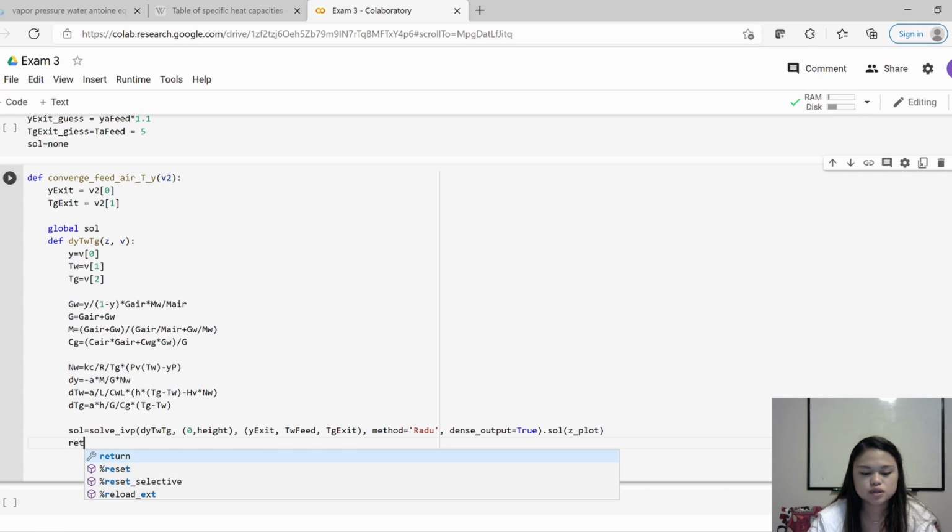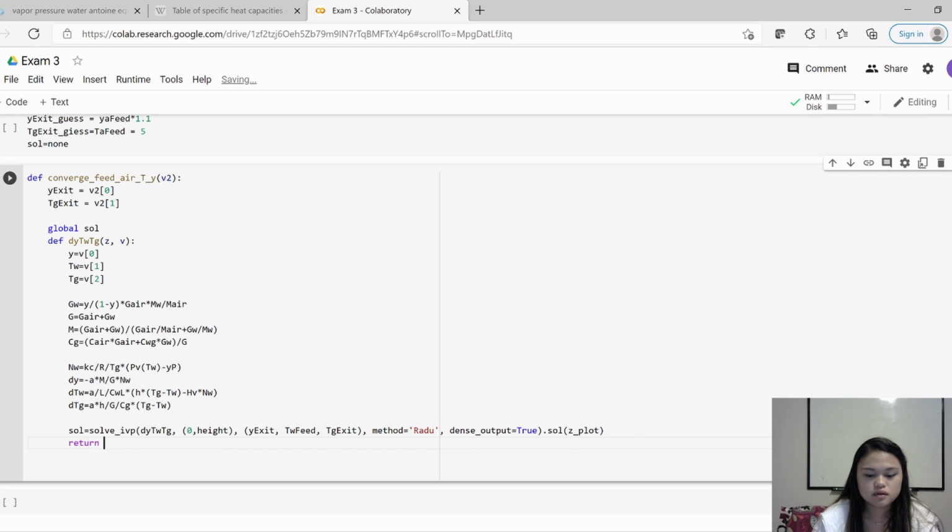Let's see, we'll try it. So now I want to return values. So I'm going to return values for those initial guesses and for the solve IVP.